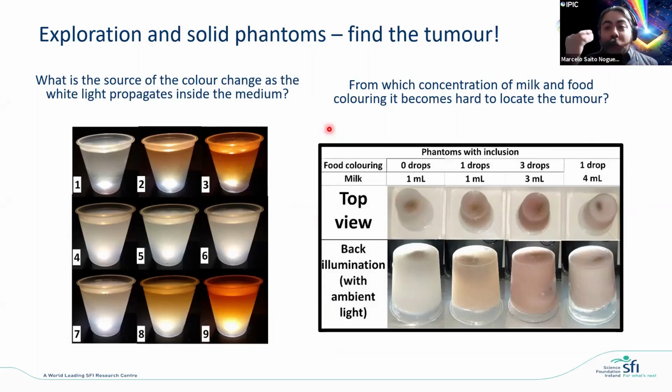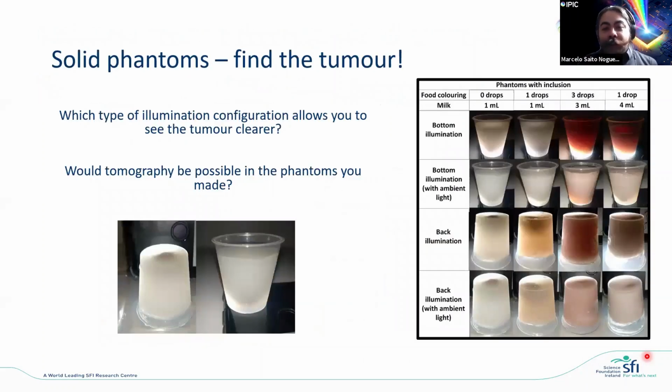How much milk, how much food coloring do you need to add in order to not see the tumor anymore? From how much scattering and absorption would you be unable to localize the tumor? And you can do this with just purely environmental ambient light.